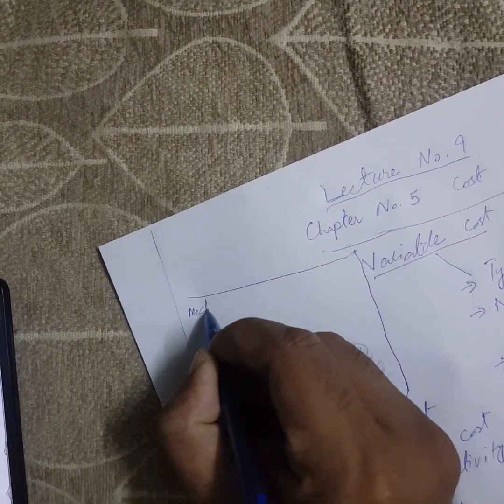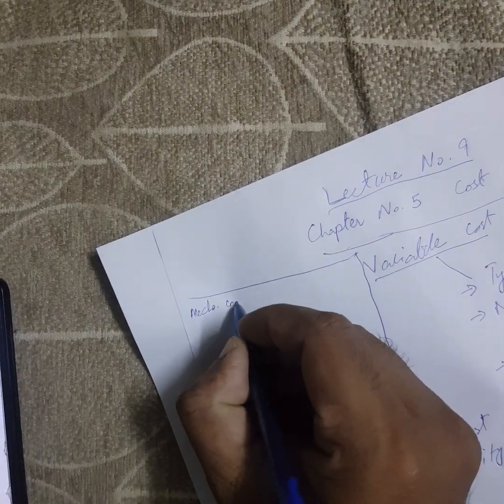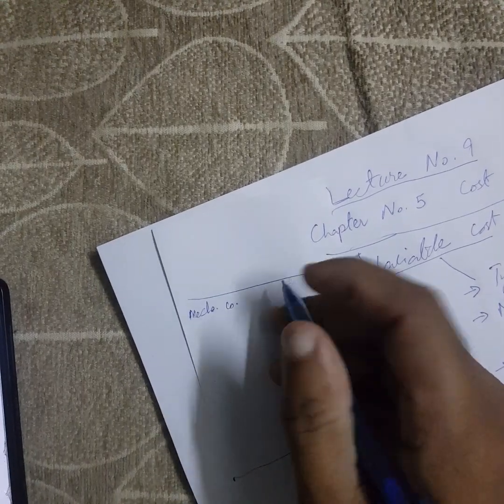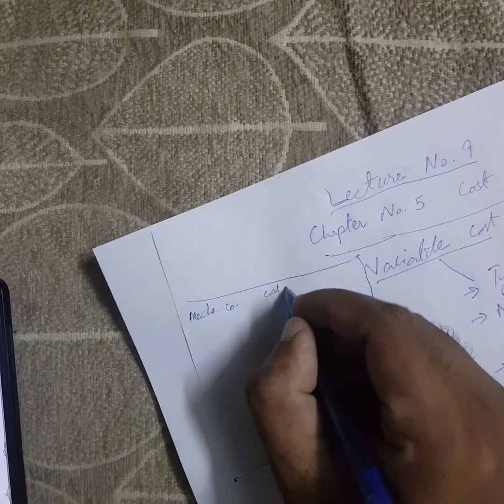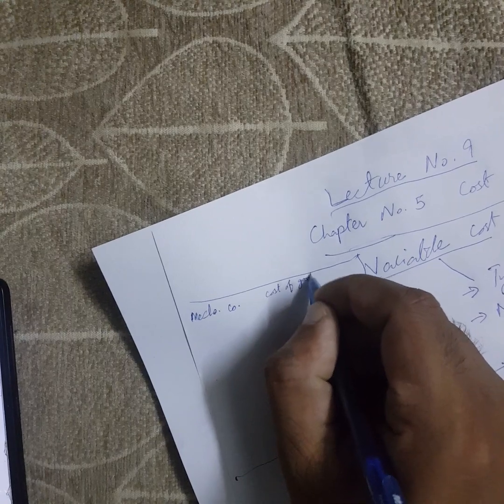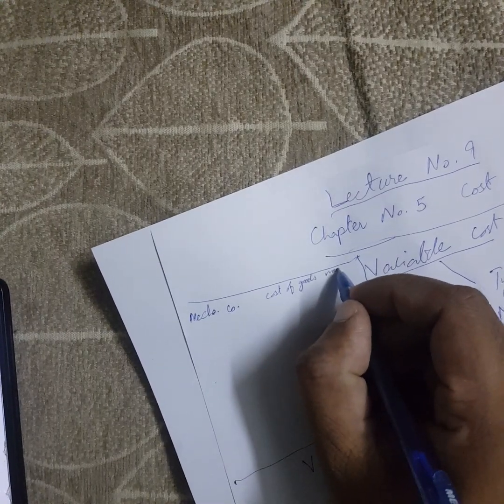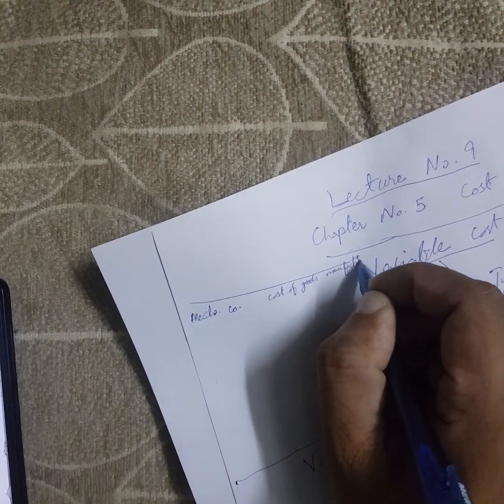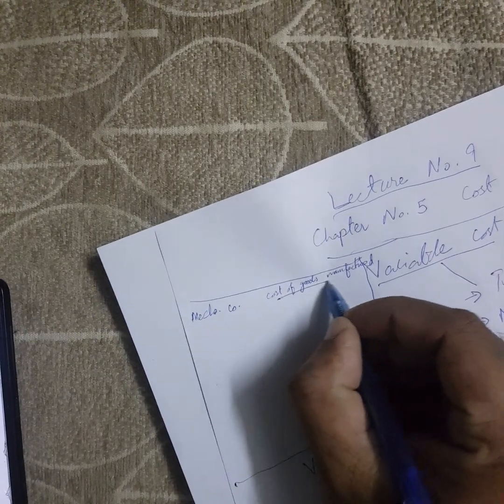For a merchandising company, our variable cost will be the cost of goods manufactured. Our variable cost will be included in this.